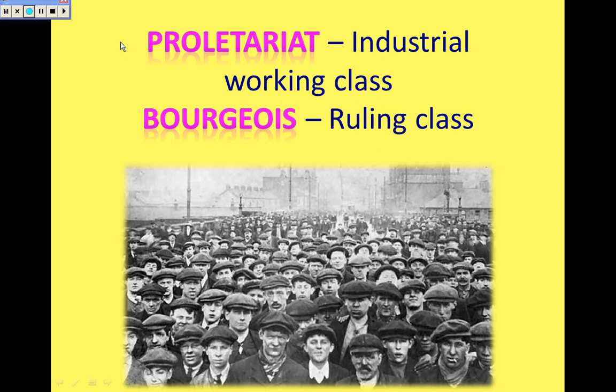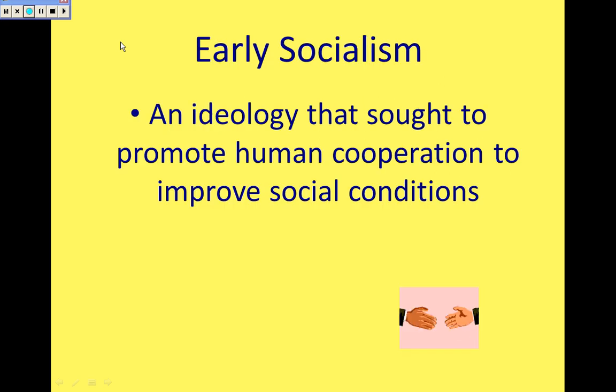So now you've got communism that's out there. And then early socialism is a little bit different from how we view socialism today. Socialism today usually refers more to having some private property with some government ownership in your economic system. Early socialism at this time, these are people who look at the Industrial Revolution that we talked about.